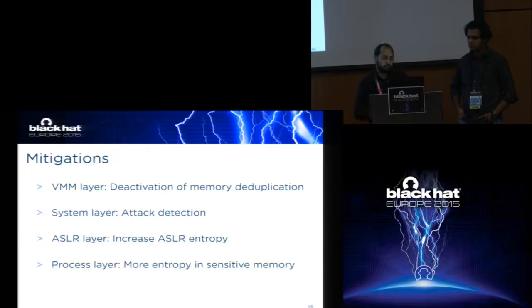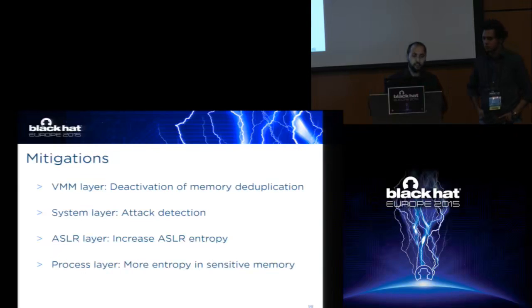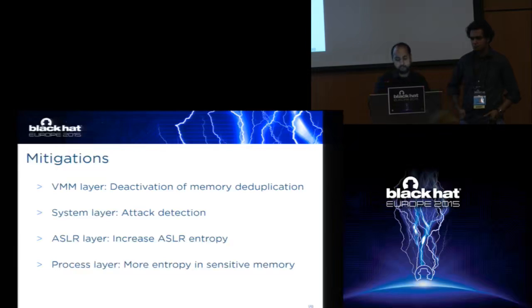Another way to mitigate the issue would be to increase ASLR for code pages, or in general, just make ASLR stronger. And another way would be making sure that these sensitive memory pages that might be used to leak this sensitive information, like the ASLR base address, but maybe also other information, just don't exist.